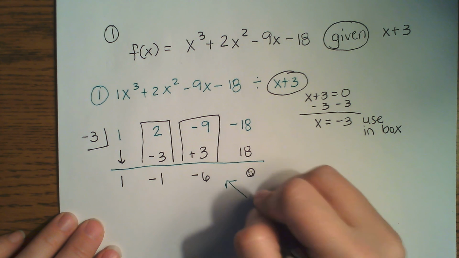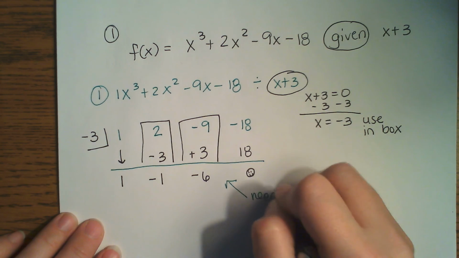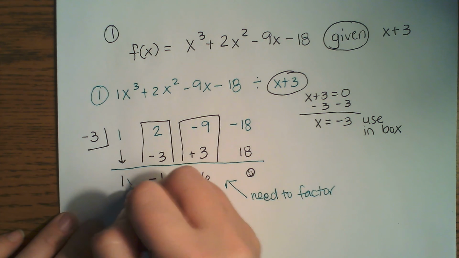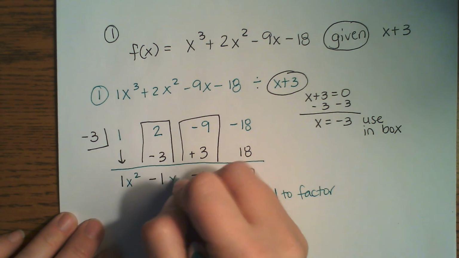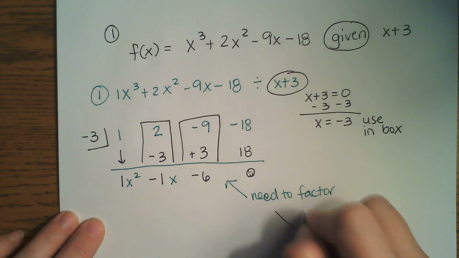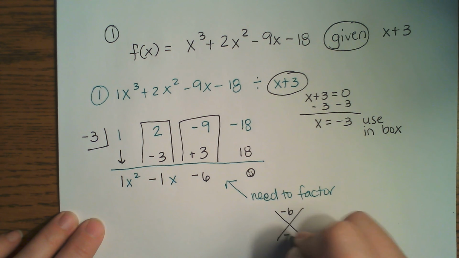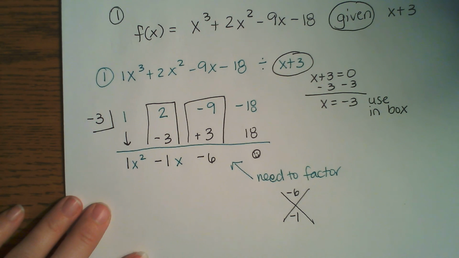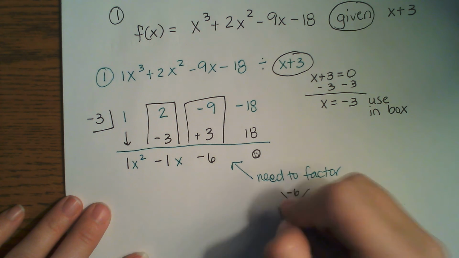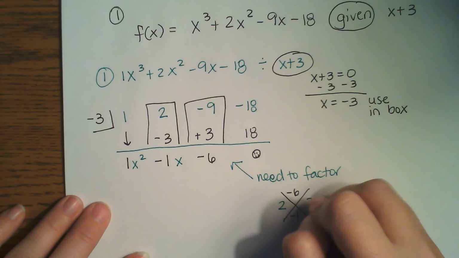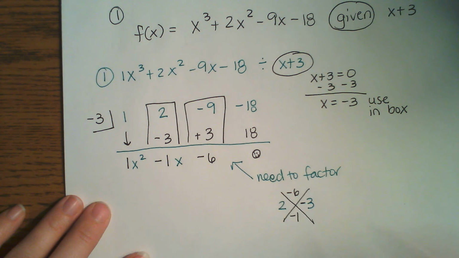Now, we're going to need to factor 1x squared minus 1x minus 6. Two and 3. And the 3 is negative.